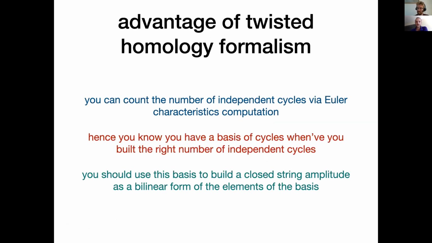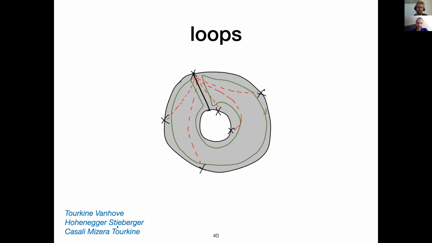So this is a slide to just say a few of the advantages of reasoning in this way. Firstly, because these monodromies were worked out by Pierre and me and by Stefan Stieberger and Stefan Hohenegger by hand in 2016, 17.